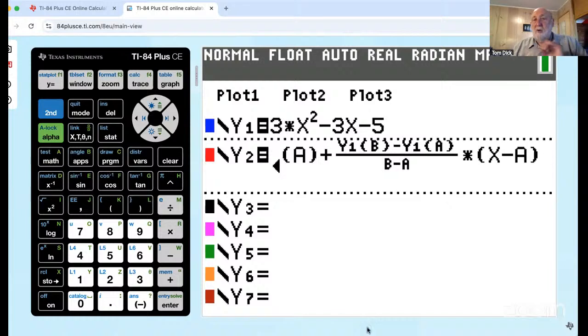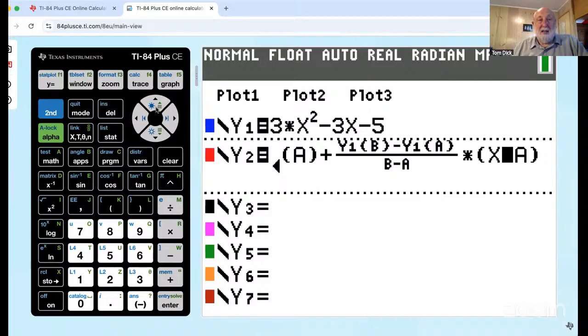Now, just a quick reality check here. If the x value is equal to A, then everything in that second term disappears, because I'm multiplying by A minus A, which is 0. So I'll be just left with y1 of A, at the front end of that.